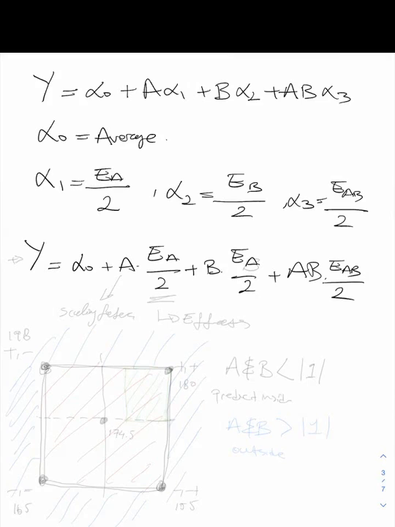Okay, so in here, the EA, EB, and EAB are effects, and the A and B are the scaling factors.